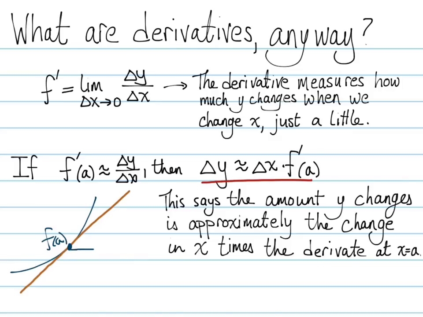Then when you go a little bit to the right, which is delta x, delta y, here's the actual curve, delta y is approximately where you go to on the line. This distance and this distance are approximately the same. So we can use the slope of the tangent line as a pretty good approximation for delta y instead.